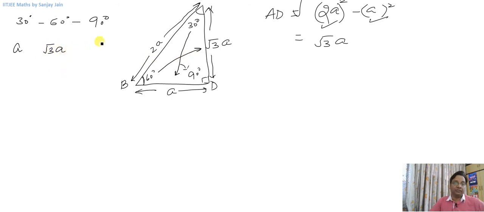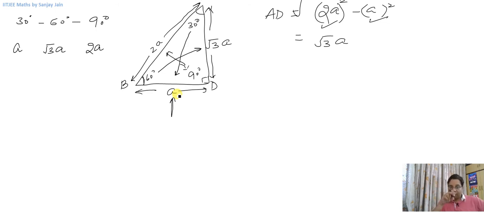And opposite 90 degrees I have got double of a. So in a 30, 60, 90 triangle, the ratios of sides is going to be the same, because this is a general length, this is length a. It can be 1 meter, 2 meter, 3 meter, or any length that you can consider.